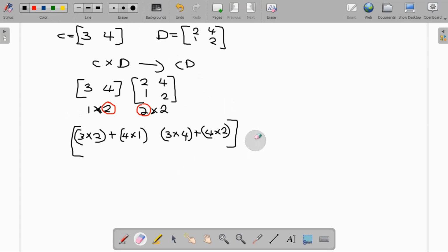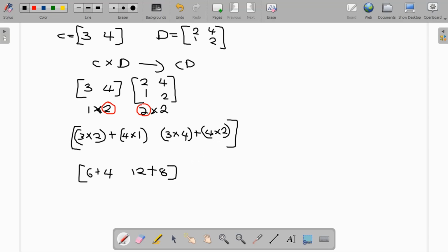Okay, so we are going to start multiplying. 3 times 2 gives us 6, plus 4 times 1, it's 4, and then 3 multiplied by 4 is 12, plus 2 times 4, which gives us 8.